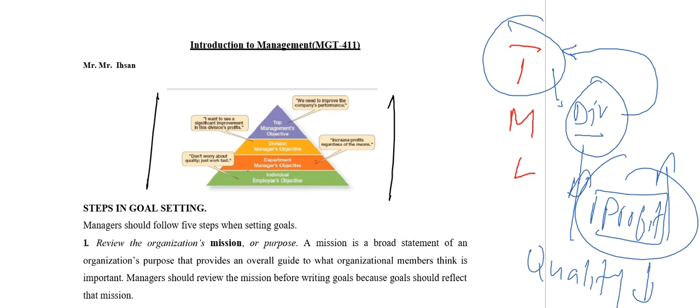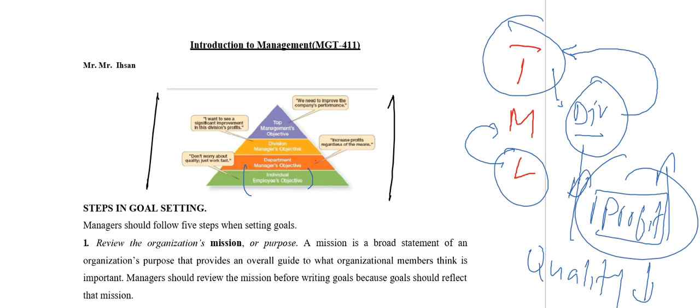And at the end, at individual level, the individuals will inherit the goals from middle level management, and they will say, don't worry about the quality, just work fast.